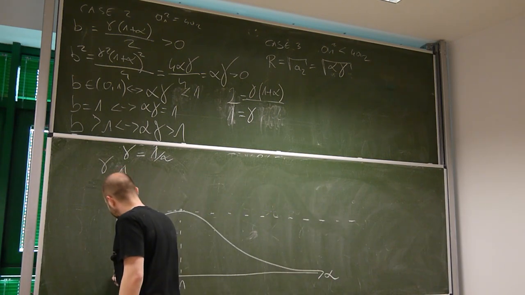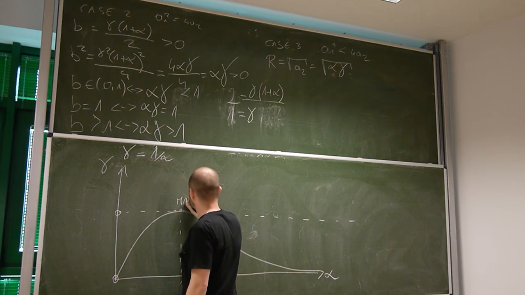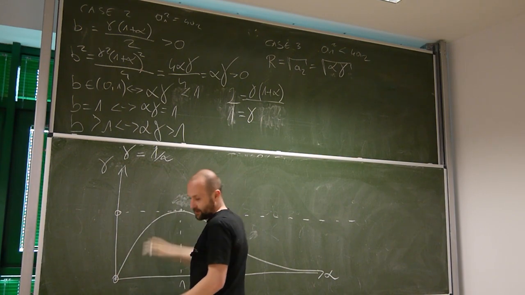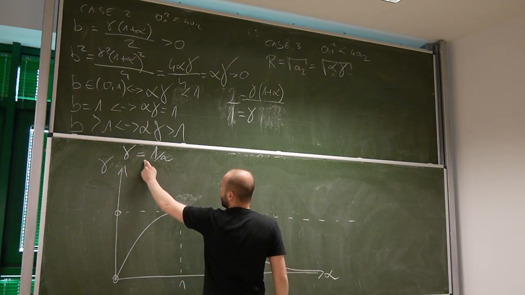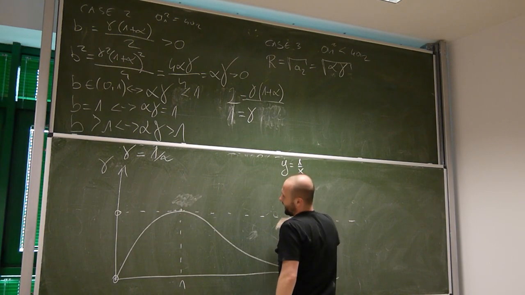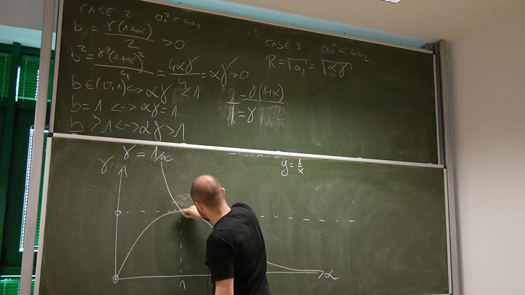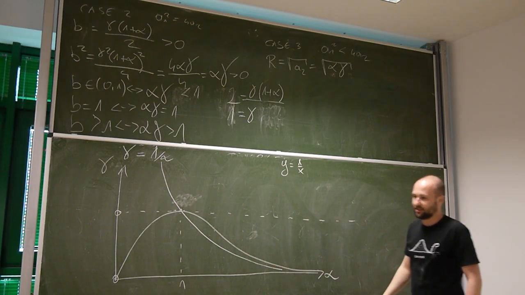But of course 1, 0 are out of the scope of interest. And look, another line, this is gamma equals 1 over alpha. So this is like y equals 1 over x. This is just a hyperbola that looks like this.